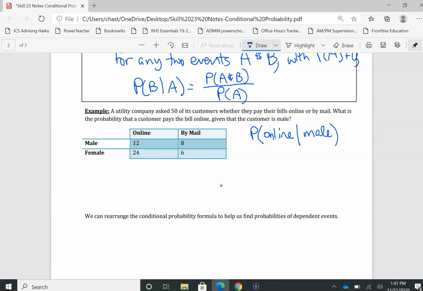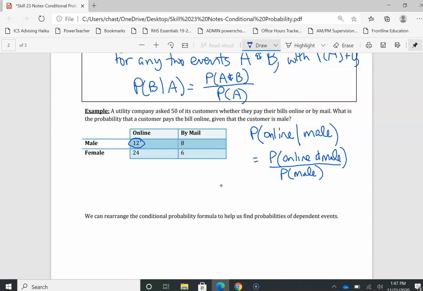Okay, so that's what we're calculating here. First, we need to figure out the probability of online and male divided by the probability of male. So I need to know who are my online males.